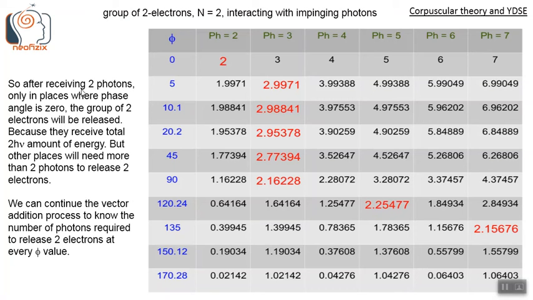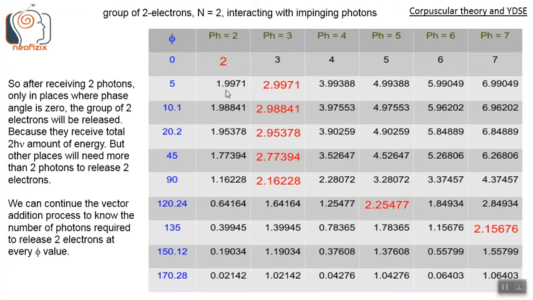So after receiving 2 photons, this column, only in places on the screen where the phase difference angle is 0, the group of 2 electrons can be released, because they receive the whole total 2 h nu amount of energy.